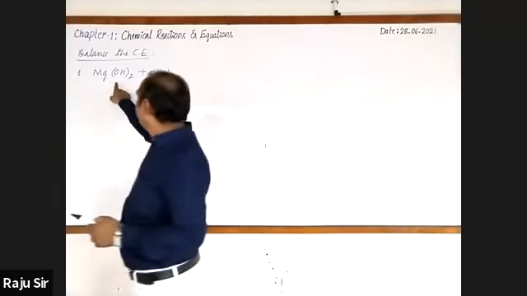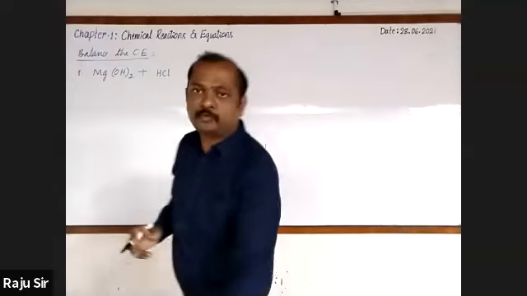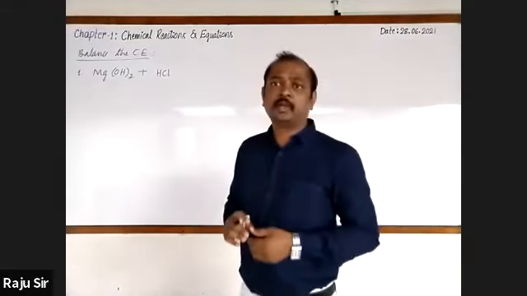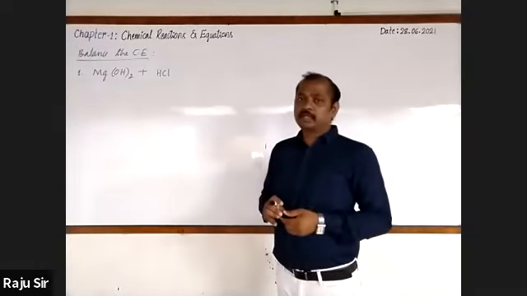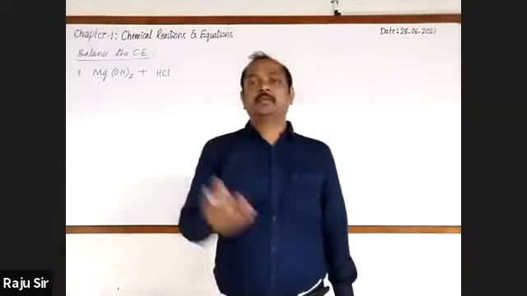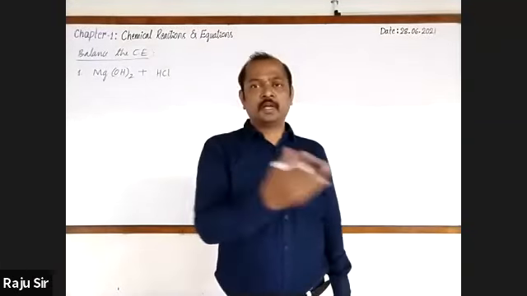Here we have a base and an acid. You are very familiar with acid-base reactions. What are the products formed in an acid-base reaction? Salt and water, sir. Very good. When an acid reacts with a base, salt and water are formed.